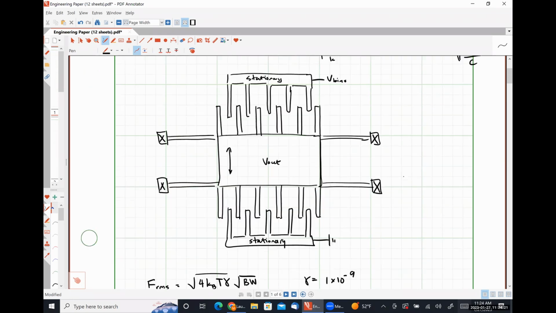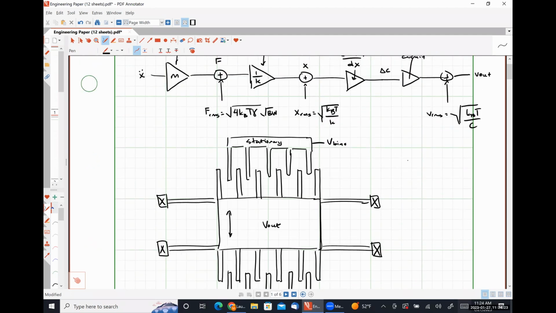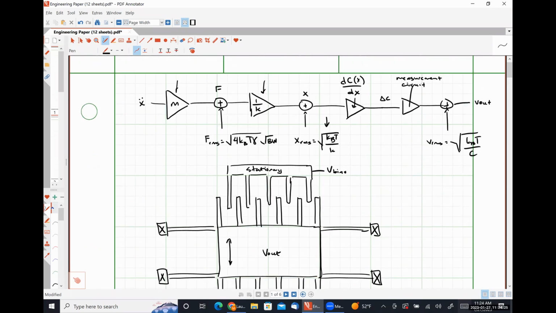So if we calculate, let's say, our RMS noise displacement, we would divide it by 1/k times the mass to get it, just like we did with the voltage. And I think technically with the voltages, we did it referring the squares back, right? So do the same thing. Square the force, divide it by that gain.